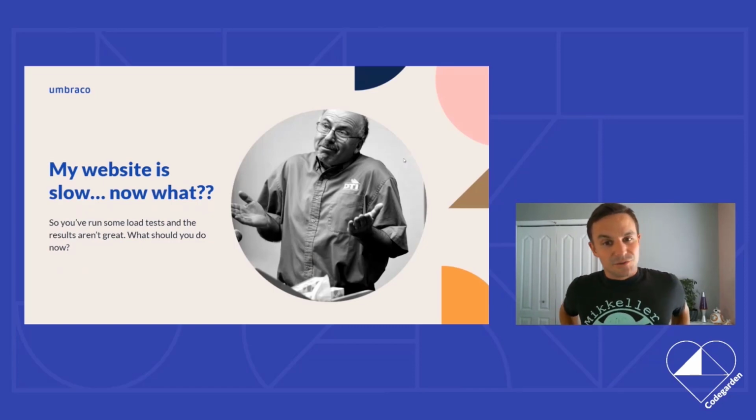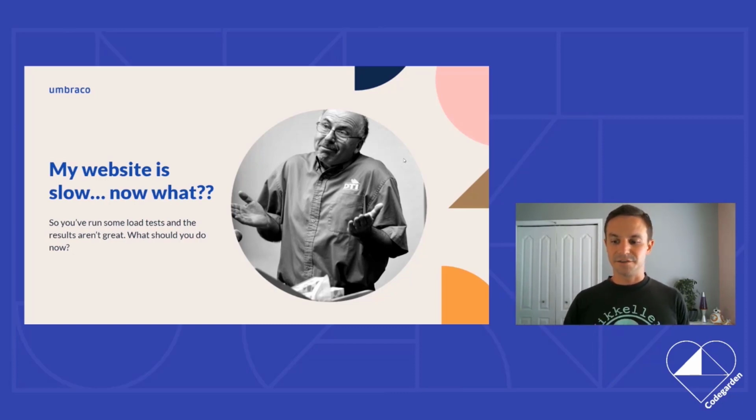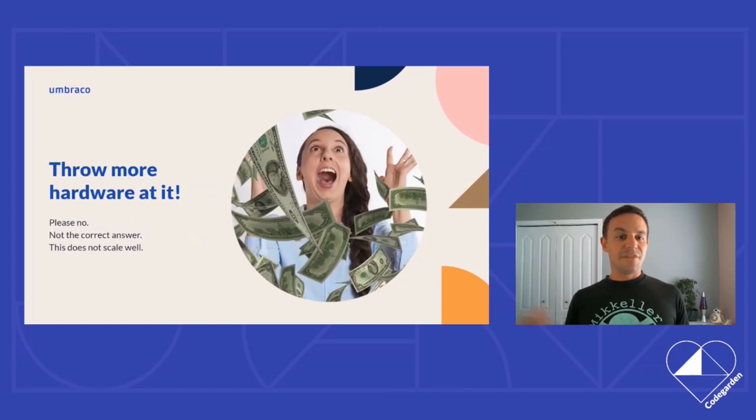Once you've run these tools against your site and you discover that it's a bit slow, what are you going to do? So we need to figure out how to isolate those issues. One thing a lot of people do is just chuck some more money and hardware at it. So it's slow, why not just scale out? I'll just use the Azure toggle and go to 100 instances and see if that handles it.